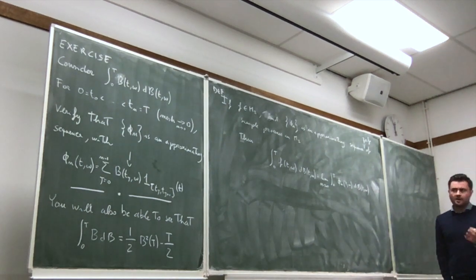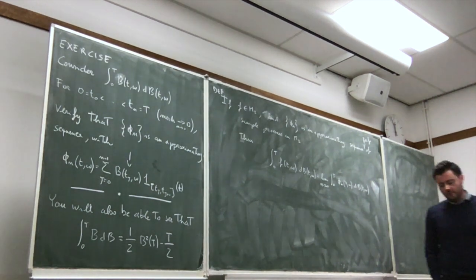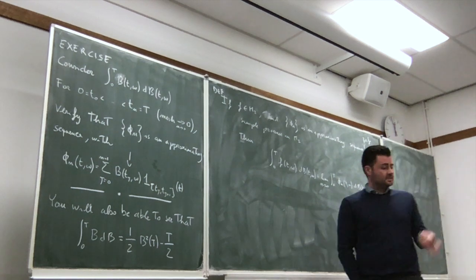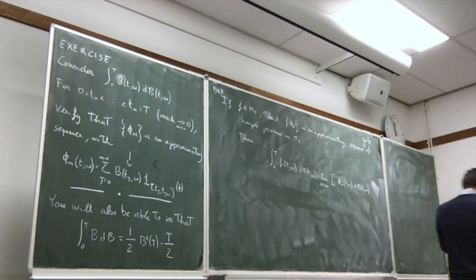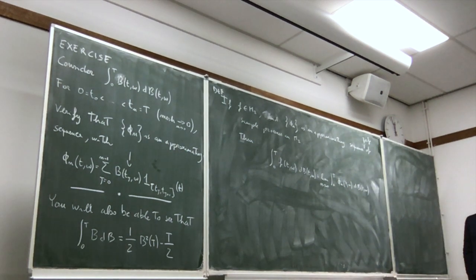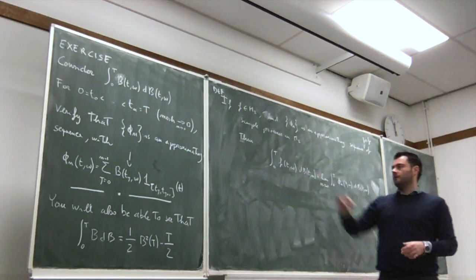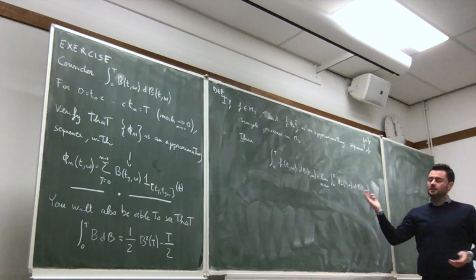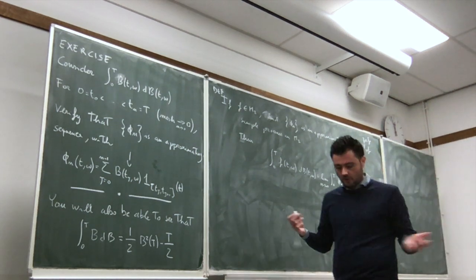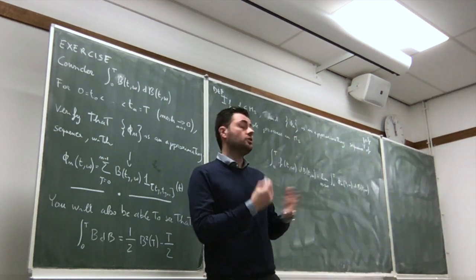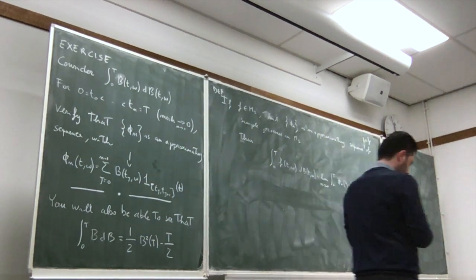So if I have a function f, the theorem that we just stated says that there exists an approximating sequence, and if there exists an approximating sequence, then we can define our Ito integral for our function f as the limit of the sequence of the Ito integrals of the simple processes.